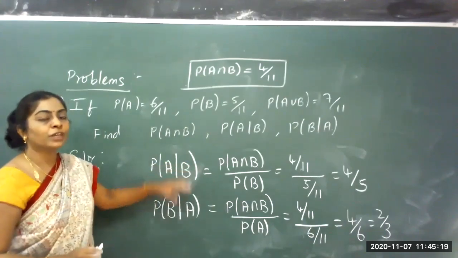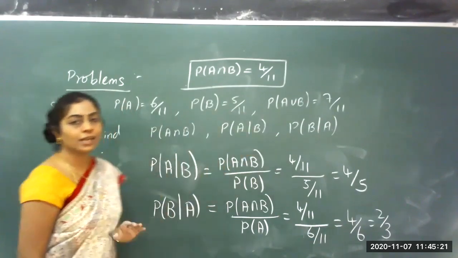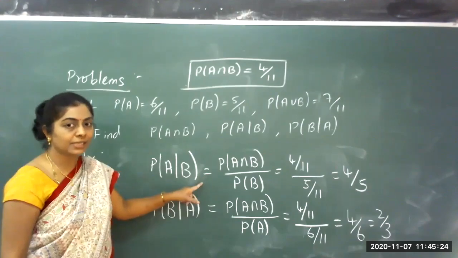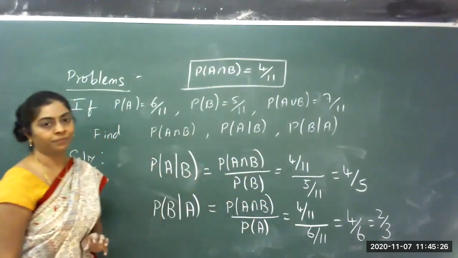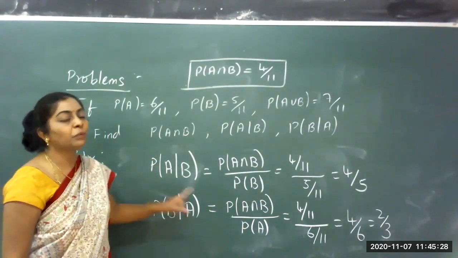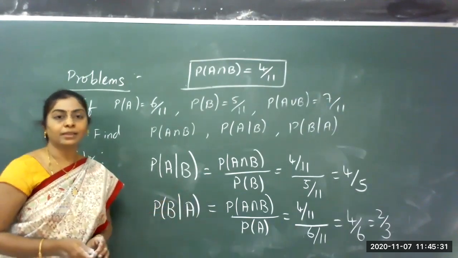So the conditional probability of event A when B has occurred is 4 by 5. Conditional probability of event B when A has occurred is 2 by 3.